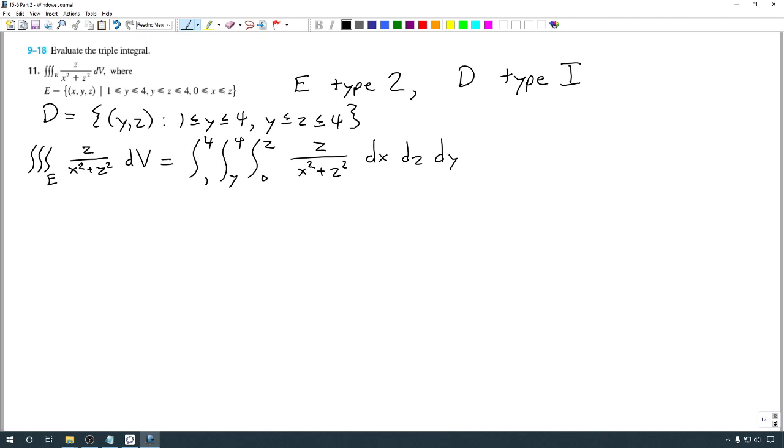So we'd have to set up E as maybe a type 1 or type 3 if we wanted to simplify this one. But I've already tried that, and it doesn't really avoid this issue. We still need to be able to integrate something where we have something on top and then x squared plus something. We need to know how to do that integral.